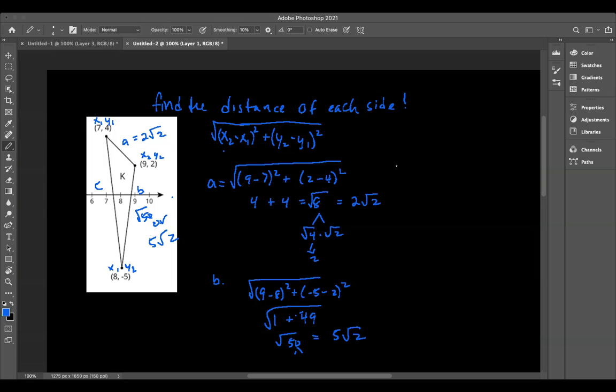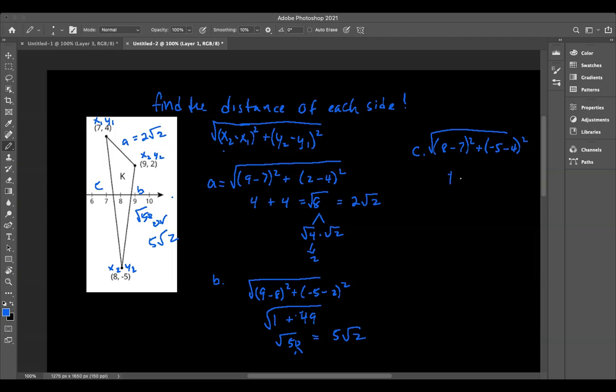All right, let's do C. This is x1, this is x2, because this is left, and this would be x2 and y2. So let's do 8 minus 7 squared, plus y2 would be negative 5 minus 4 squared, and square root the whole thing.